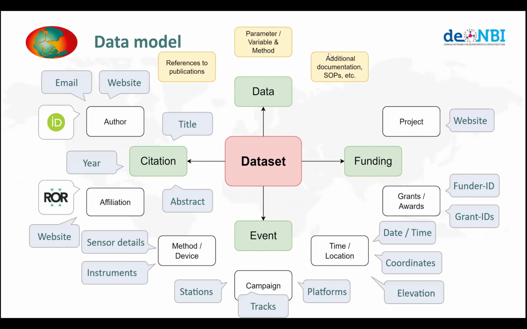So overall, you see that our data model contains a large variety of metadata that will then eventually make it easier to find and refine the data that you are interested in.